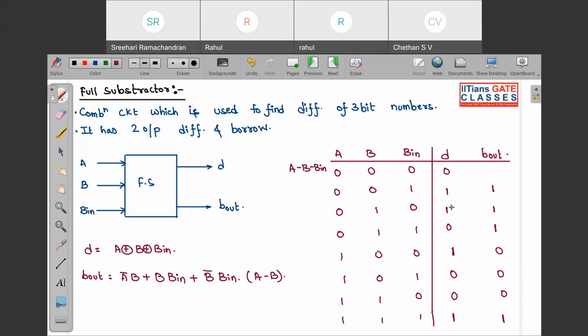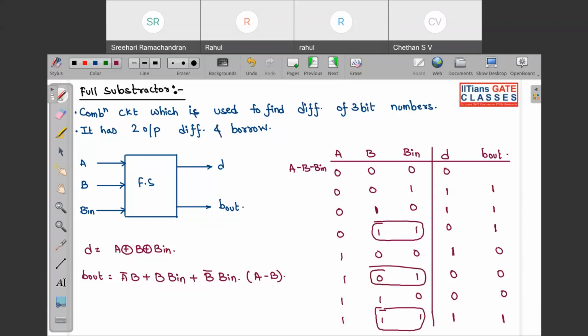Look at this place: B and B in is 1, and even over here, B and B in is 1. And the last case is when B is 0 and B in is 1. So this is the case.